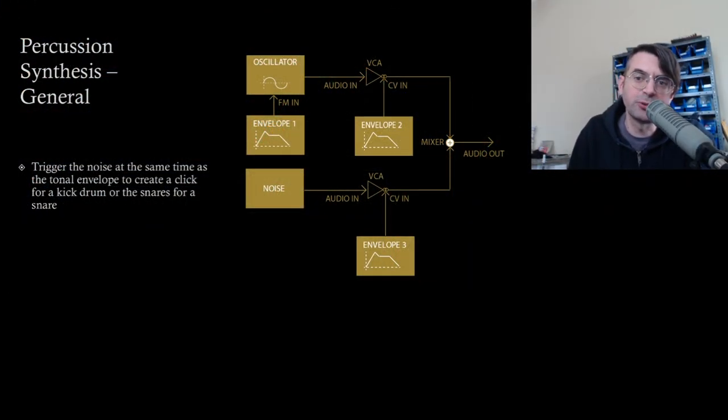That brings us to a general percussion synthesis patch. If you add the shaped noise to the tonal patch, then you have more options in your kicks and you can do something like add snares and toms.